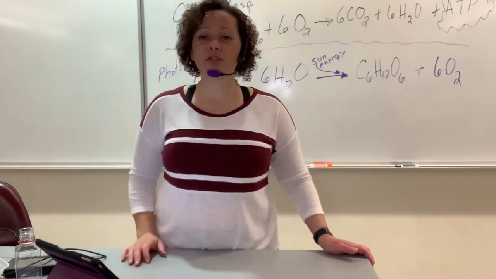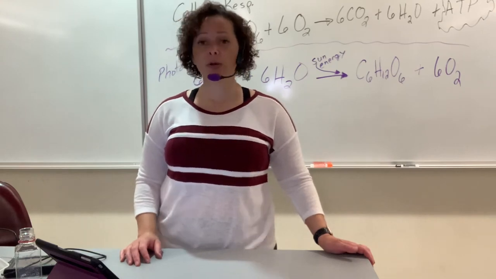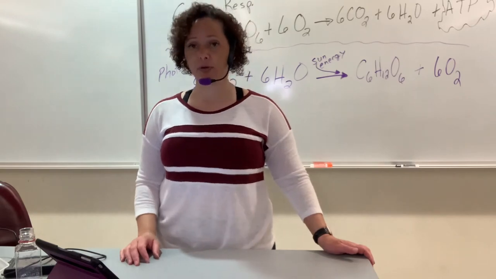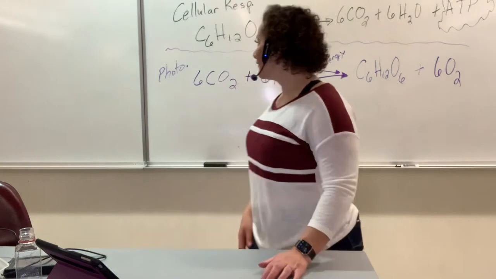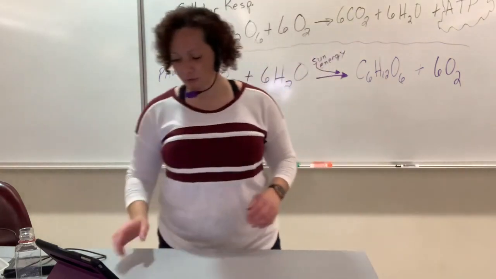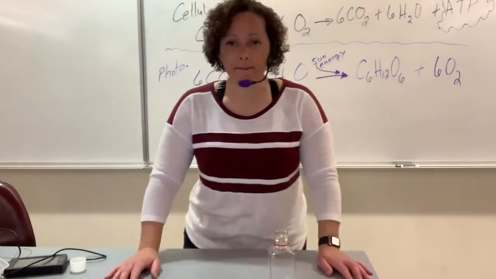Now, we're going to go ahead and expose our organisms to different conditions. We're going to expose our organisms to conditions of light and expose our organisms to conditions of dark, okay? And that's where the photosynthesis piece is going to come in. So, as we do that, first thing we're going to do, here's what I say.